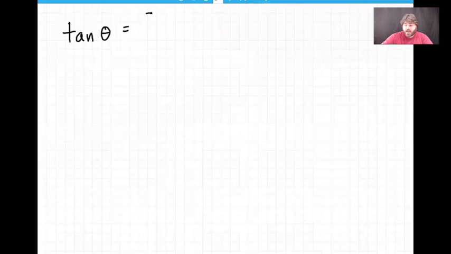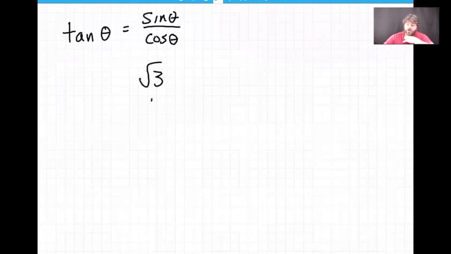The only thing you got to be careful of is what about tangent? So just remember, tangent is the sine over the cosine. So you could calculate sine and then cosine separately and divide them and get an answer. But really, I'm going to show you in an example, you really only get a few choices. You get √3, you get 1, you get √3/3, or you get 0. Those are really your only choices.